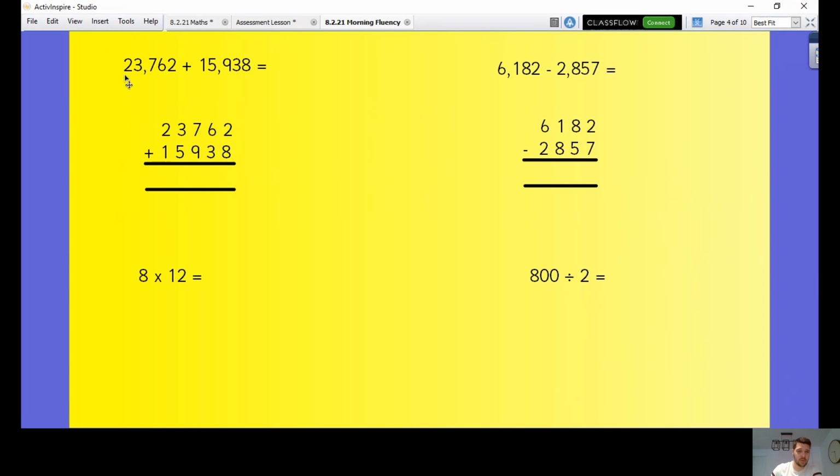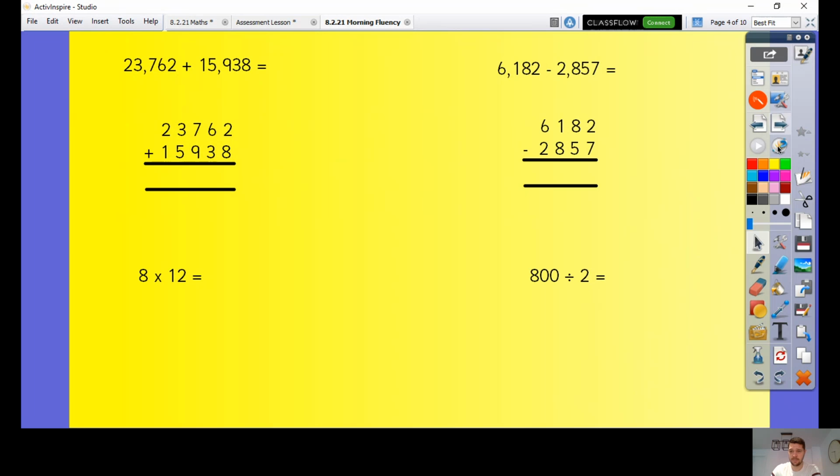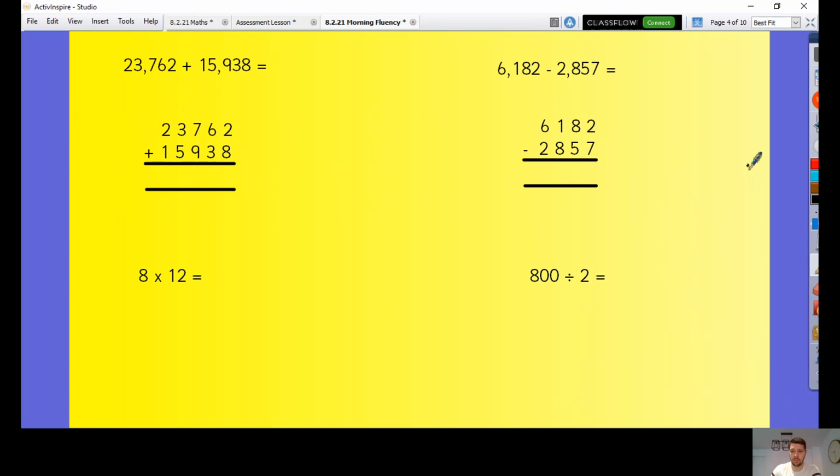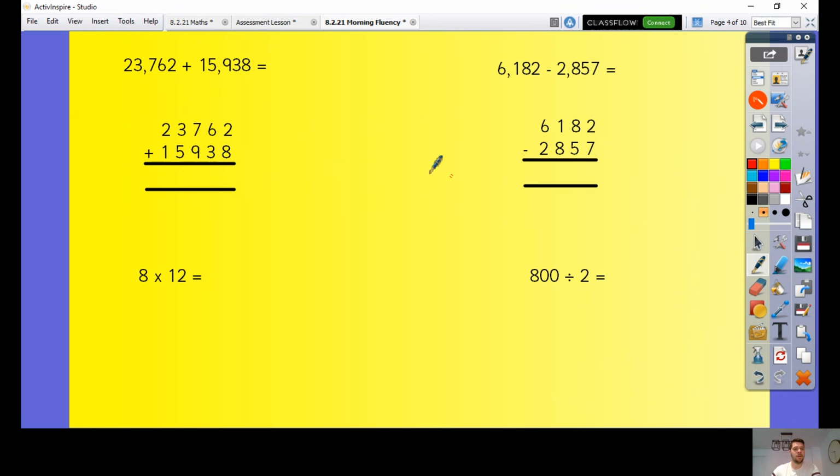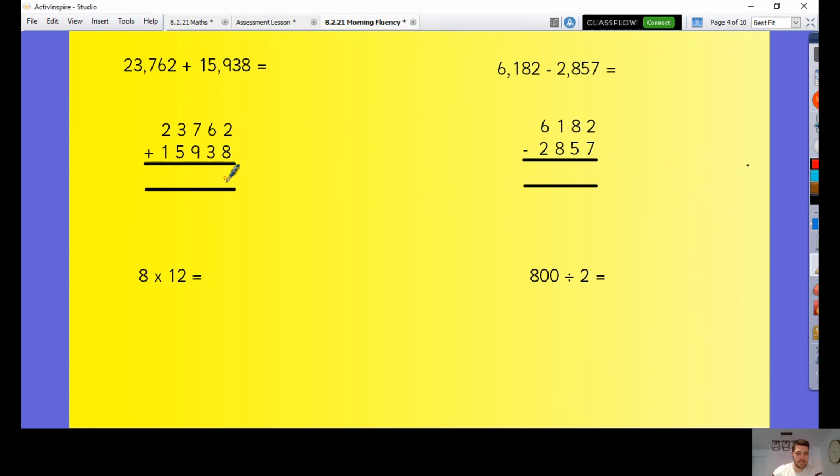Okay, let's look at this. 23,762 plus 15,938. Excuse my handwriting here. 2 plus 8 is 10, so 0 ones, we can carry the 1. 6 plus 3 is 9, plus 1 is 10 again, so 0.